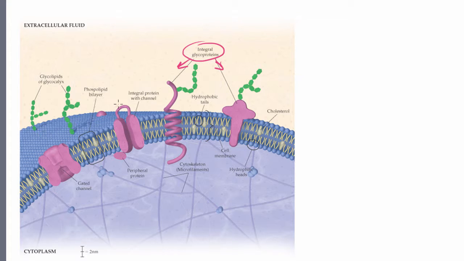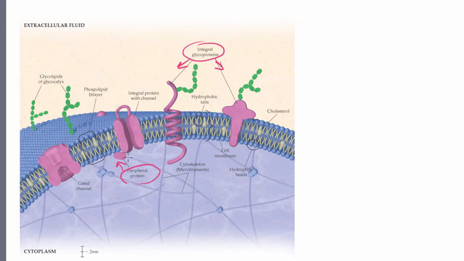What we have are peripheral proteins, and we have one right here. They're associated with just one face of the bilayer, so with one leaflet, if you will. And they're held within the membrane by non-covalent interactions with the hydrophobic lipid tails or the hydrophilic head groups.